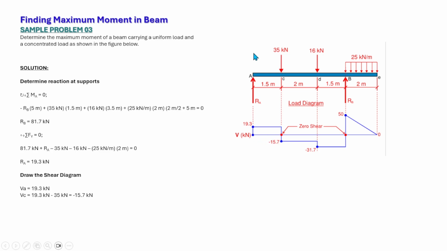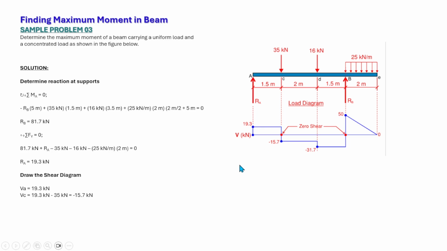Take note that between point A to C there is no load, so our shear here is constant. Meaning, if you cut any section between A and C, the shear is 19.3, constant.